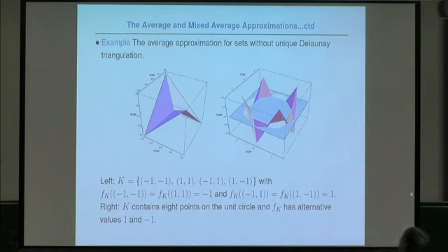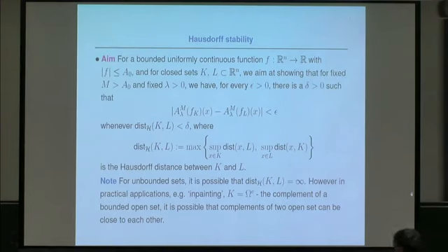So now I mention what we mean by the Hausdorff stability, the meaning of that. Suppose F is bounded, and you have two closed sets which are close under the Hausdorff distance. This is the definition of Hausdorff distance.